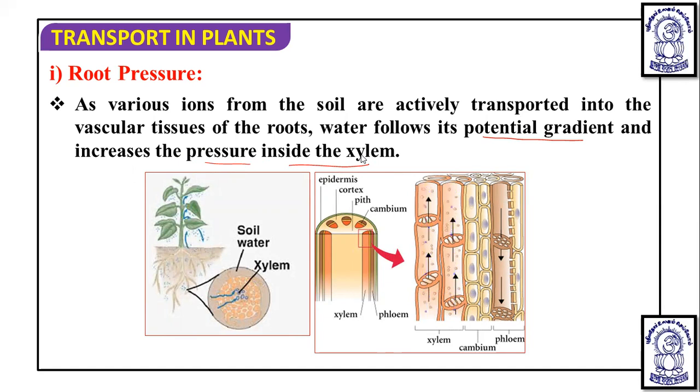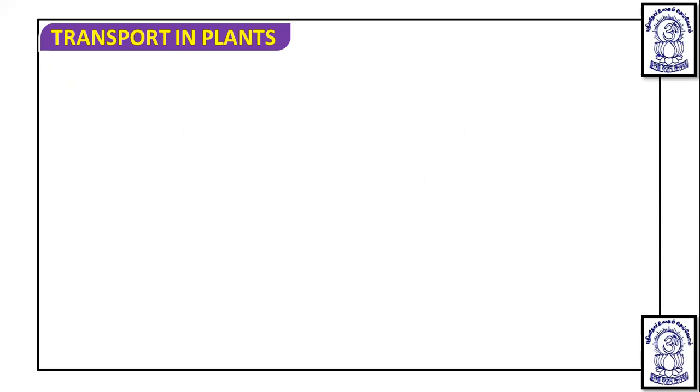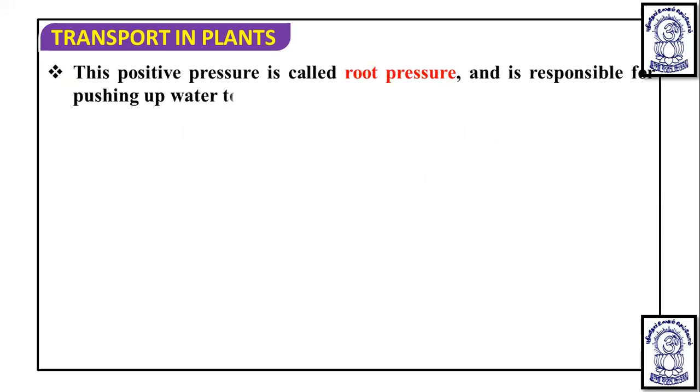This positive pressure is called root pressure and is responsible for pushing water to a small height in the stem.